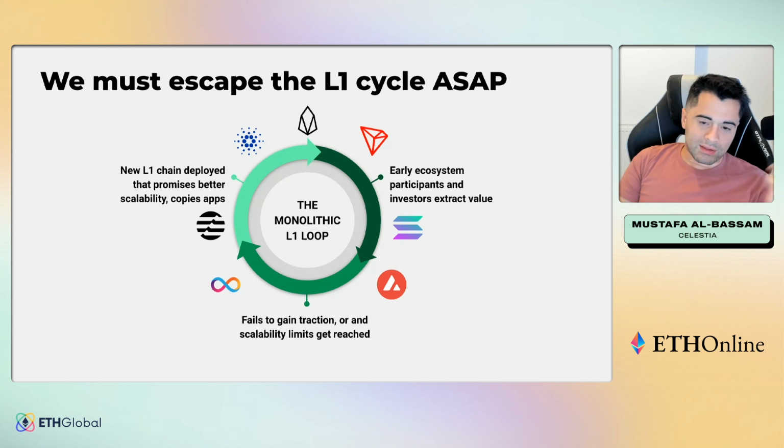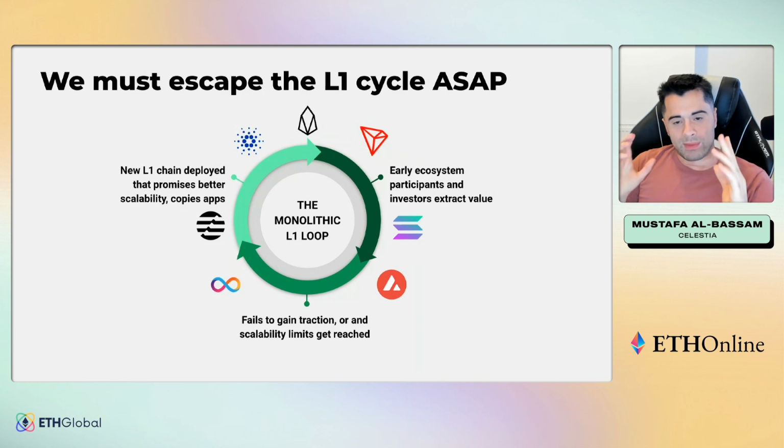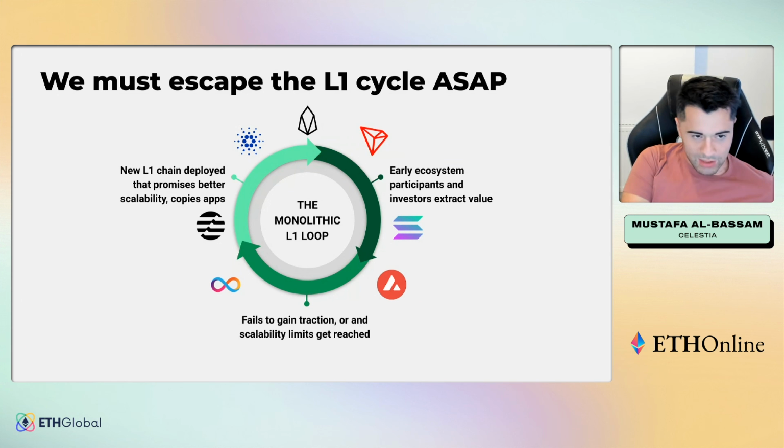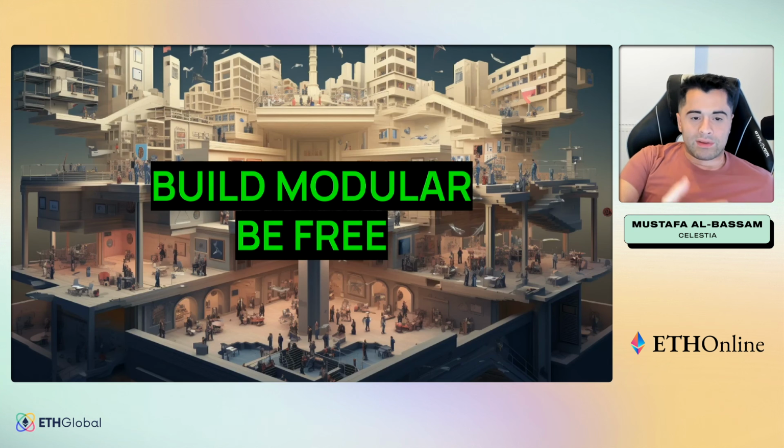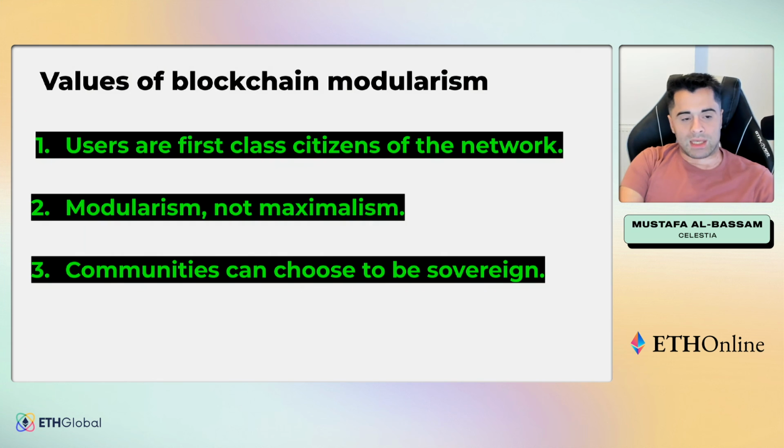Then in the previous cycle, we had Solana, Avalanche, and in this cycle, we had Sui and Aptos and Infinity, and they all promise to have incremental improvement over the past cycle, but it's an endless cycle, and it's fundamentally extractive. So with the modular ecosystem, we can try to escape that cycle by having components that are reusable instead of having to deploy a whole new layer 1 ecosystem every time we want to make an incremental improvement.